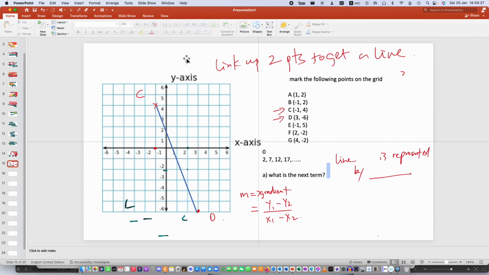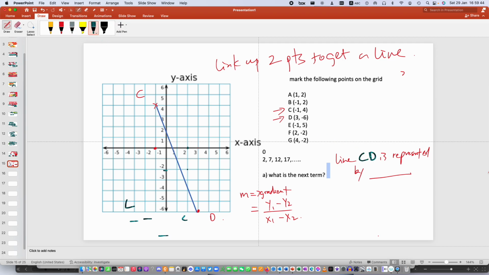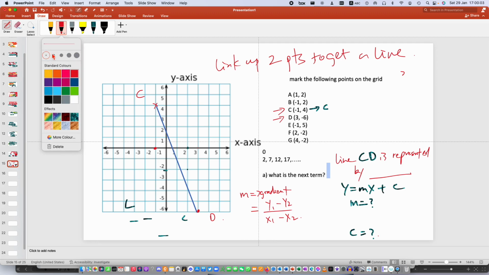Okay, so by linking it up, you have your line CD, right? So line CD is represented by y equals mx plus c. Your job is to find out what's your m, what's your c. Are you clear? But before that, you need to write down, C is represented by what?